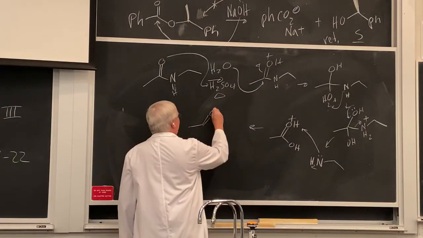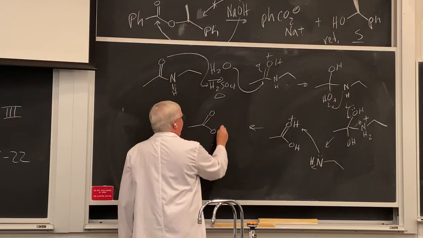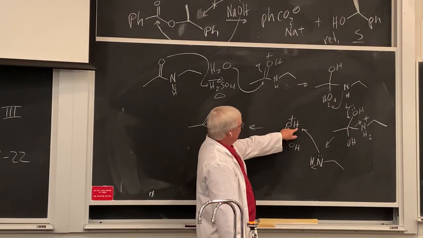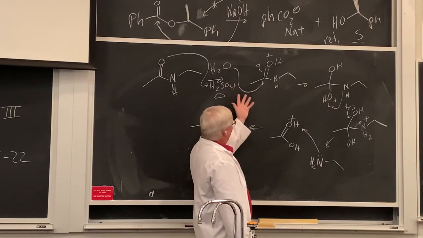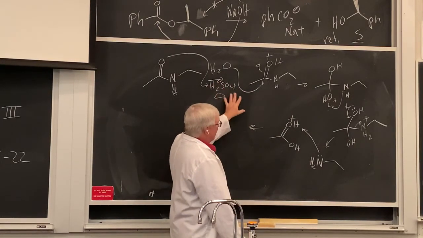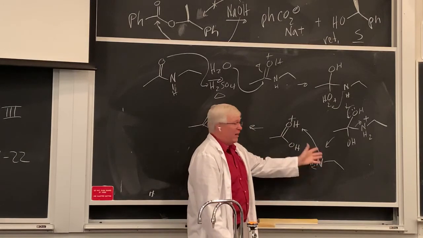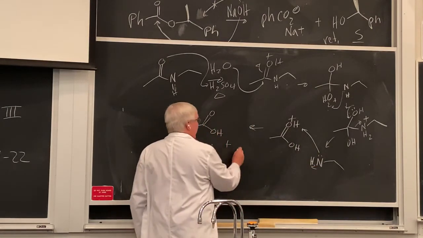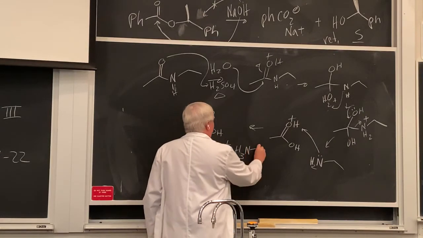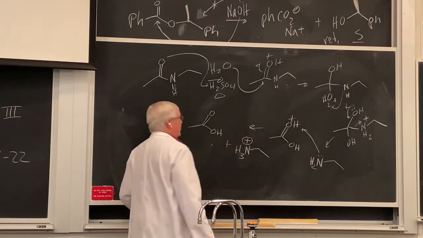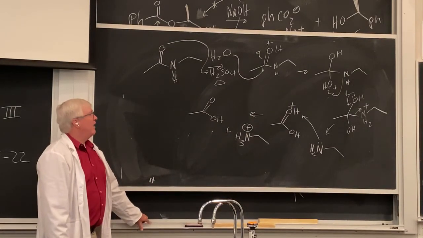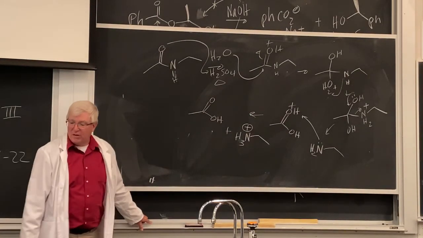Now, we could do it stepwise, having the solvent water take that off, and then having another equivalent of ammonium or hydronium cation protonate the amine. Either way, what do we get here? The product is NH3 with an ethyl and a plus charge. So that's acid-mediated amide hydrolysis.